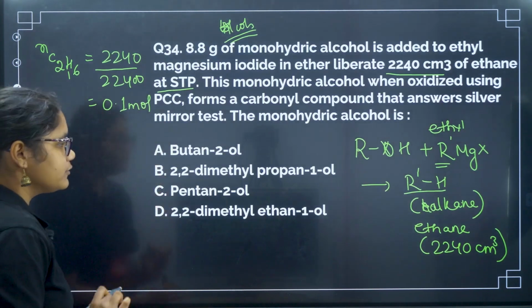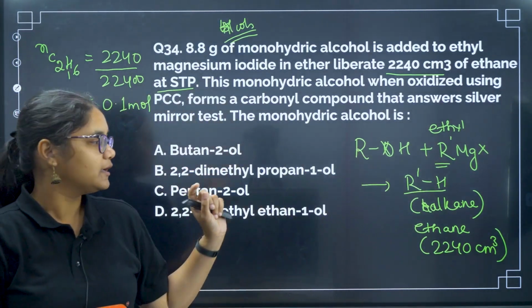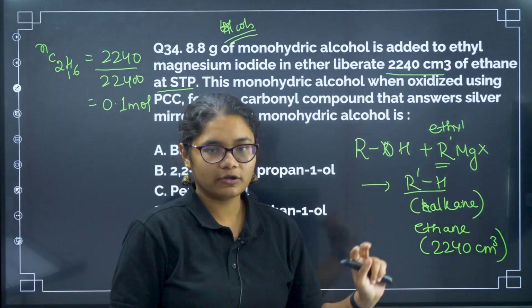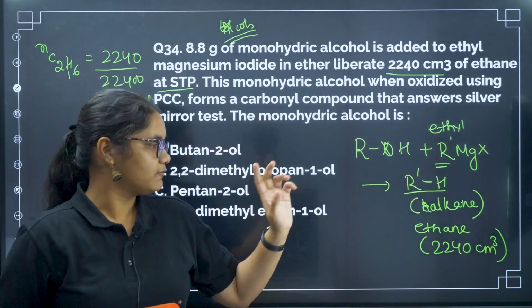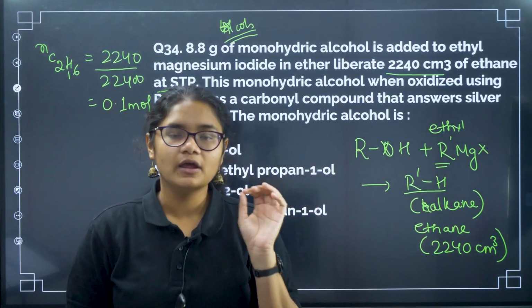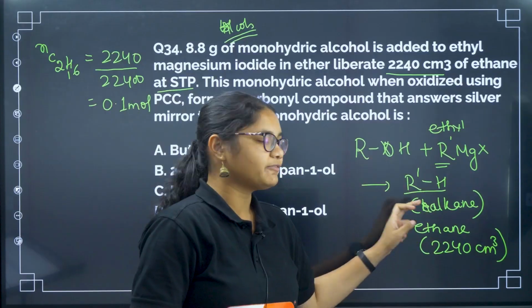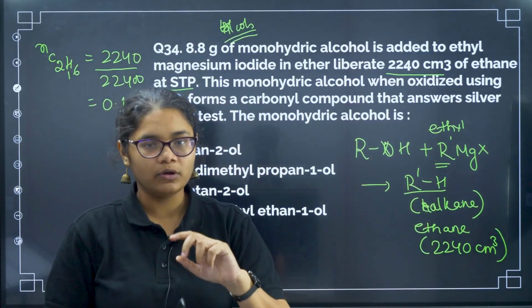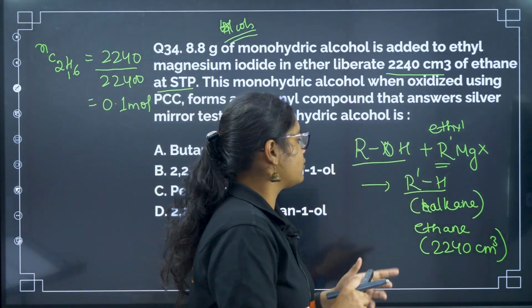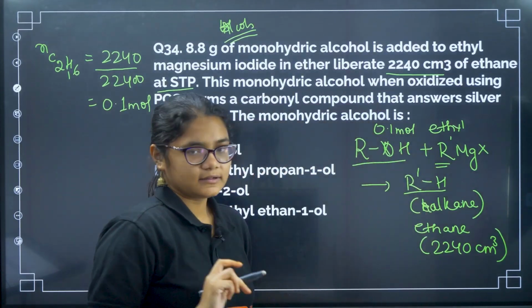Now 1 mole of alcohol reacts with 1 mole of Grignard reagent to give 1 mole of alkane. If the number of moles of alkane produced is 0.1 mole, then the number of moles of alcohol should also be 0.1 mole. This part is clear.